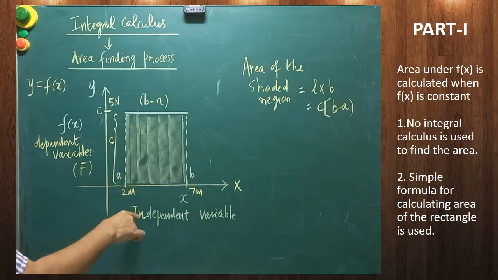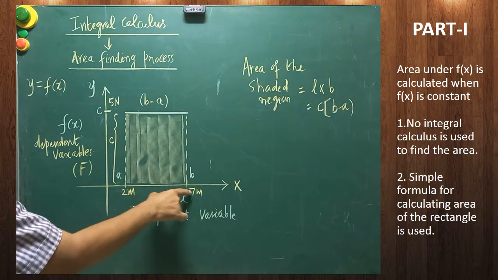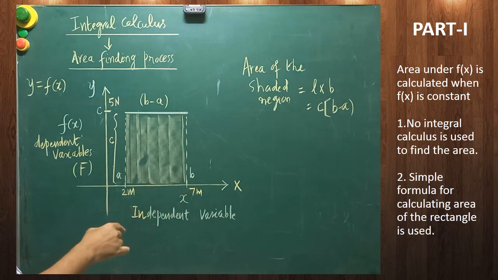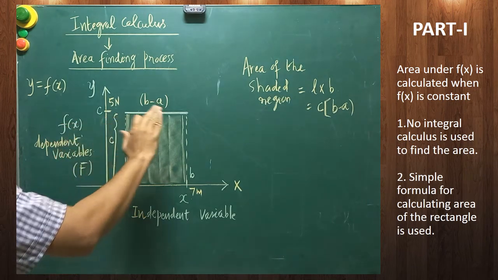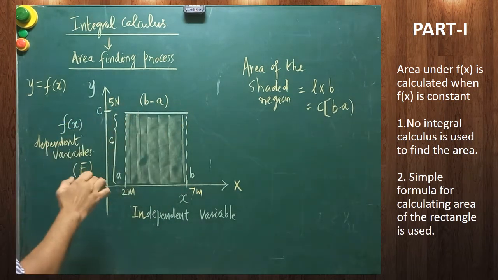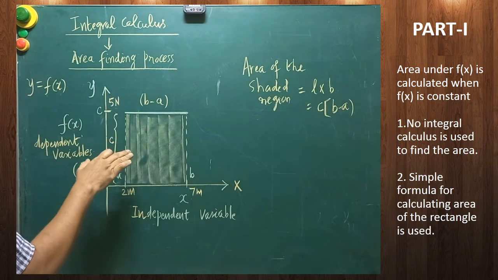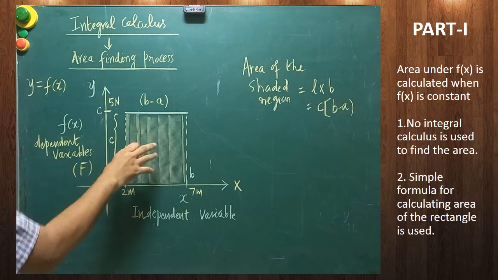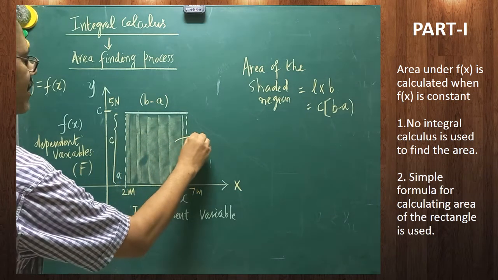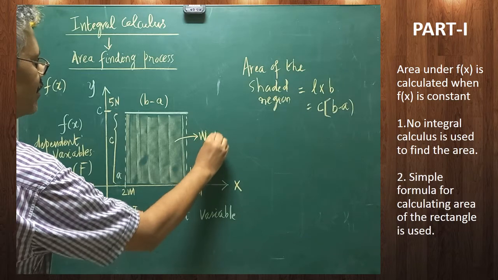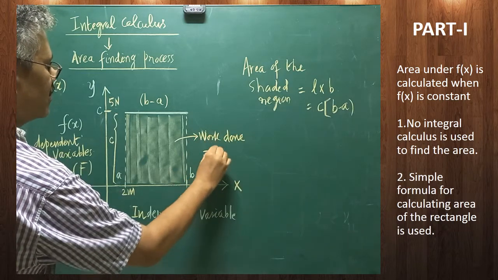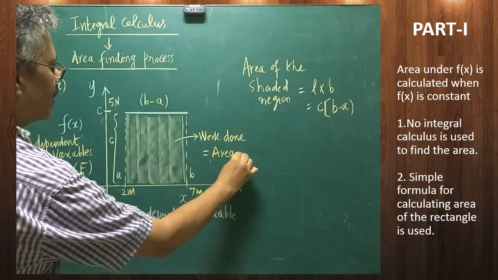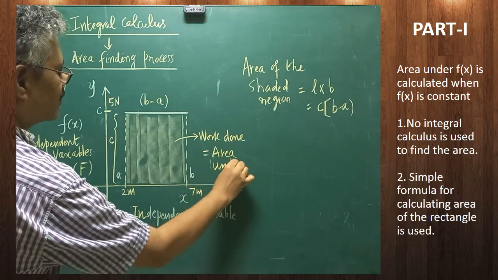What is the displacement now? 2 meter to 7 meter. The displacement is 5 meter. When it moves from 2 meter to 7 meter, the same amount of force is applied constantly. Are you clear? By using this simple graph, we are able to calculate the work done on the body. So work done is equal to the area under the curve.